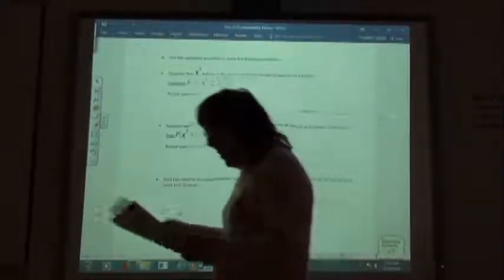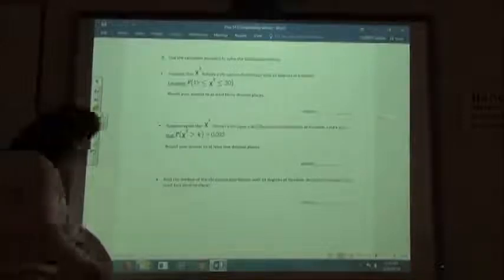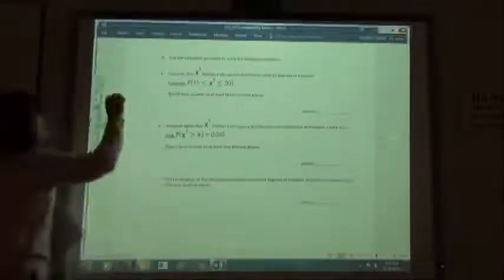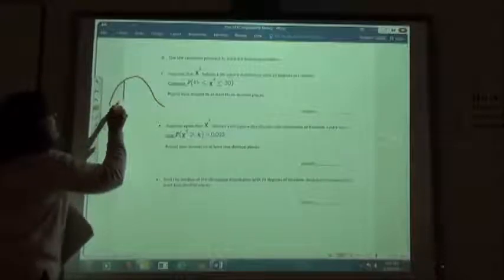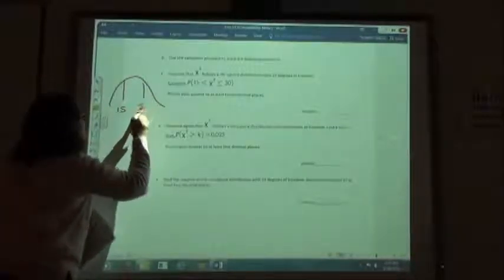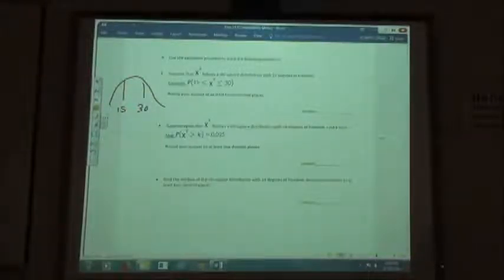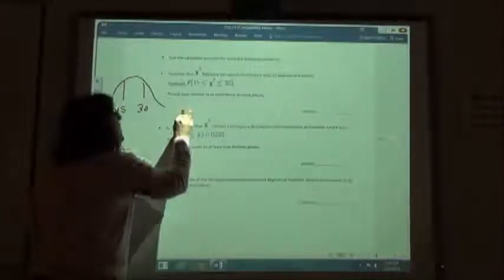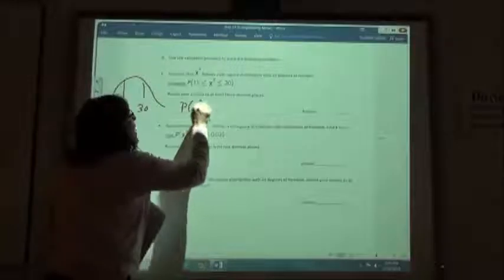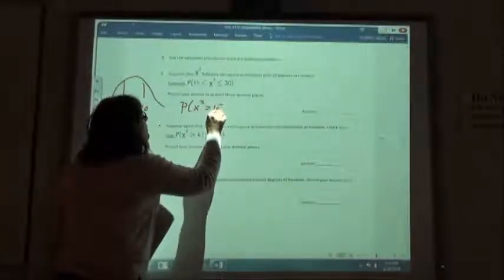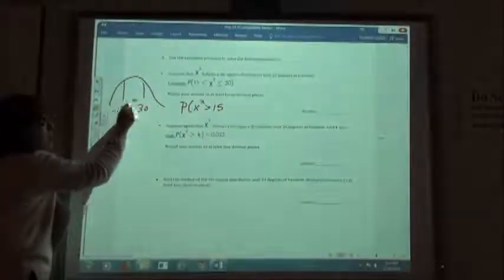All right, so number 8, same kind of thing here. This time we are going to find the area between 2 numbers on our distribution. So we have a 15 and we have a 30. And so all we're really going to do is just subtract the two different areas. So I'm going to find the P of chi squared is greater than 15, which would be over here.